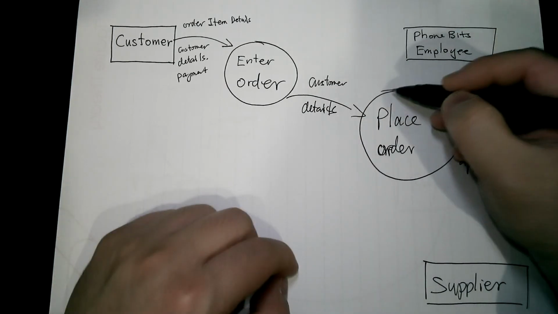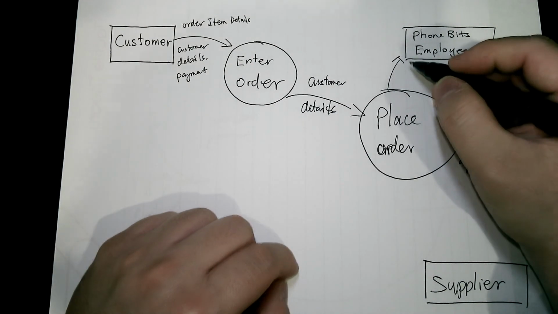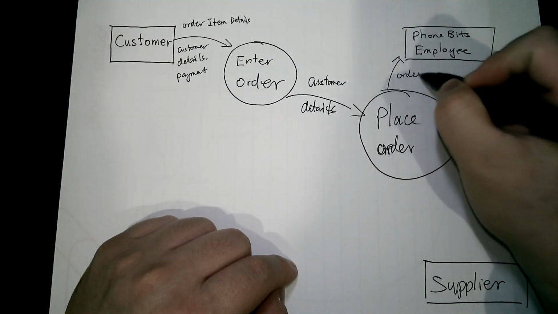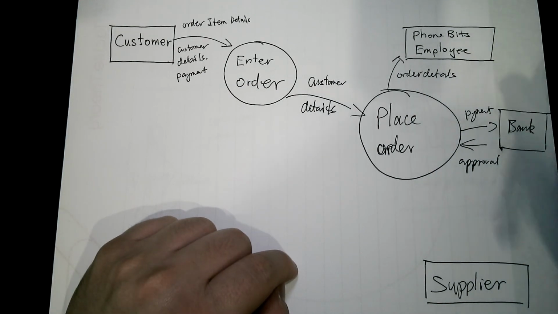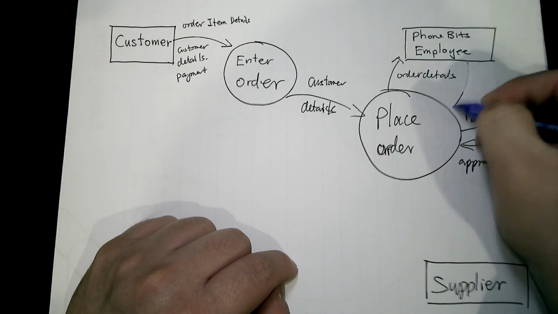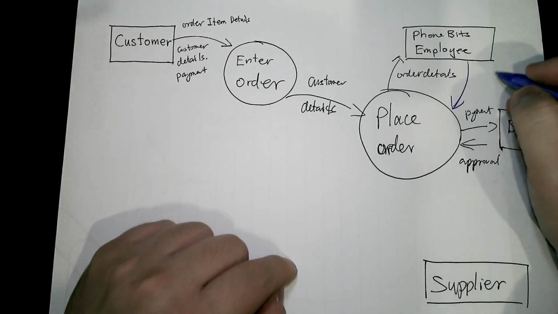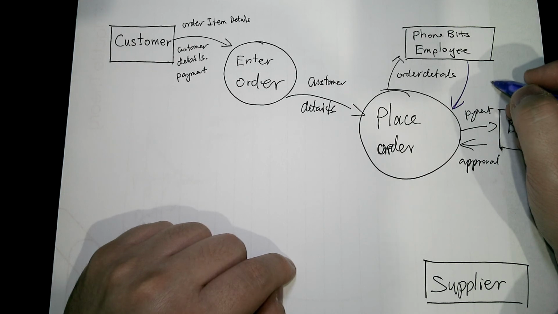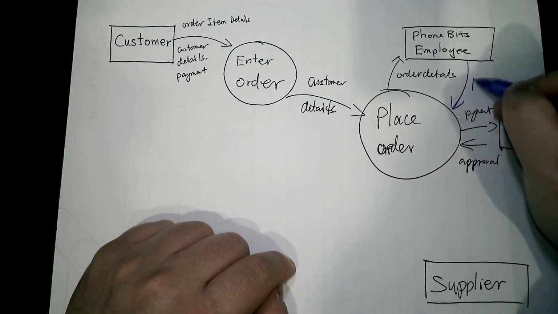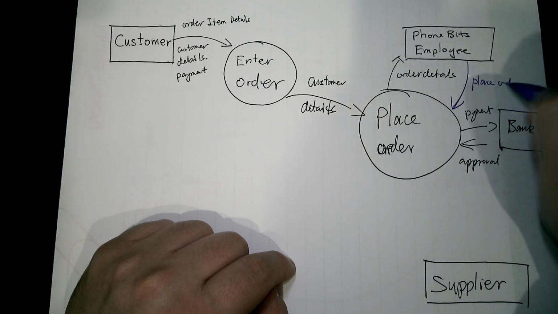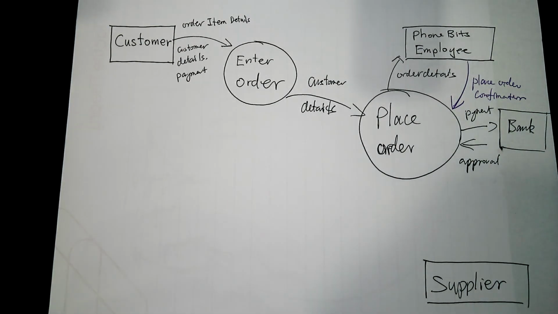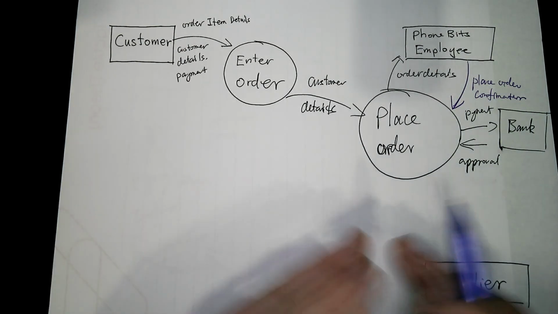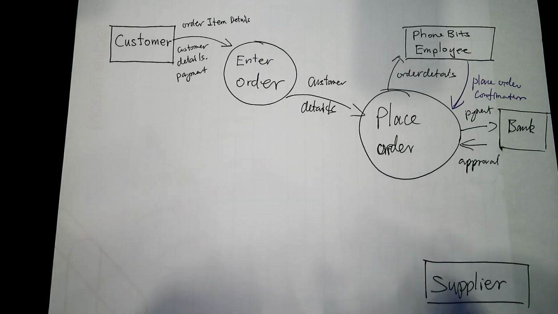Once the payment is approved, order details. Now, to place the order, I'm using another color. The employee goes in there to place the order, then order confirmation. This bit is a bit tricky because I've combined the whole placing order process as well.